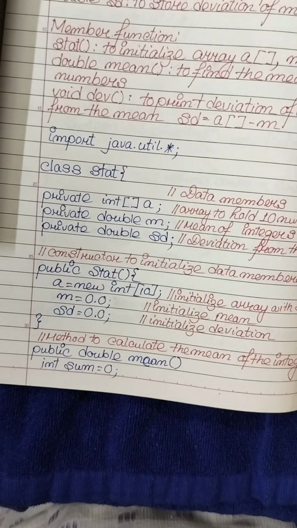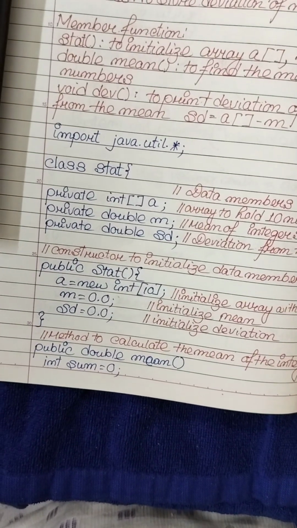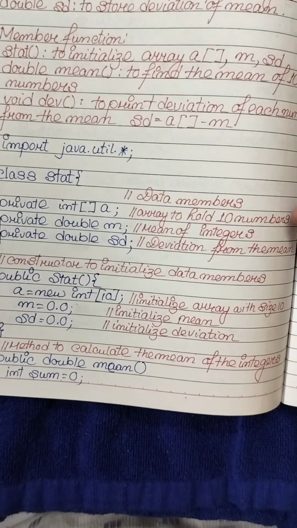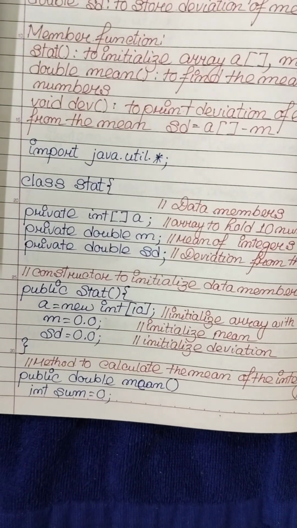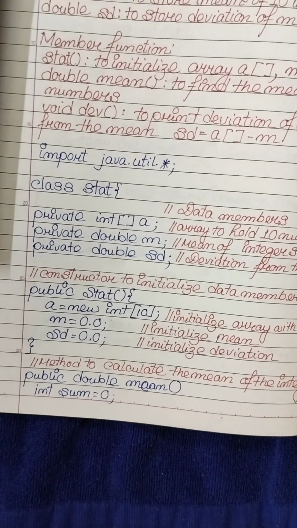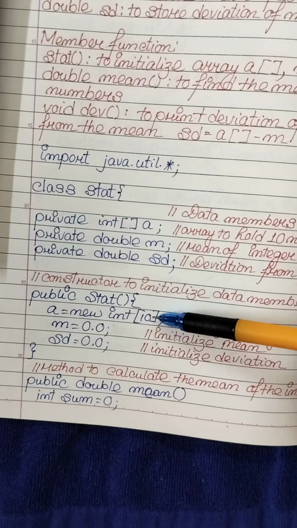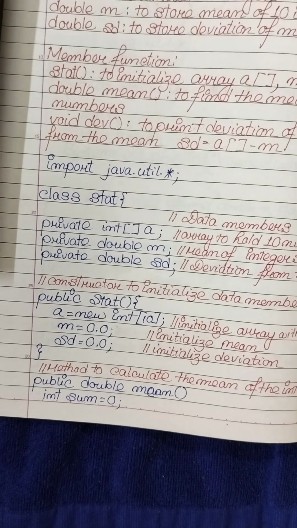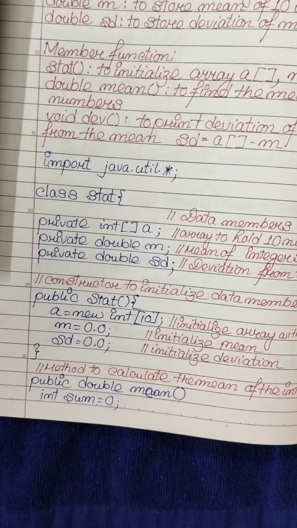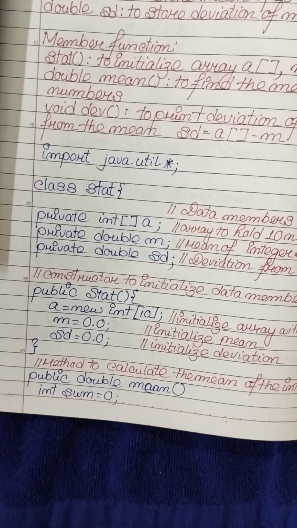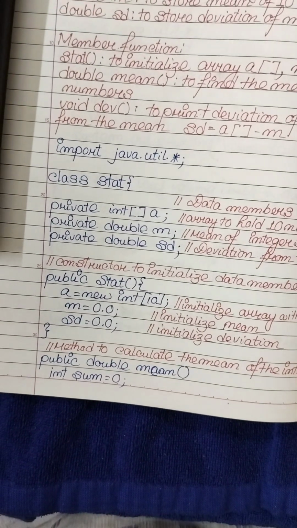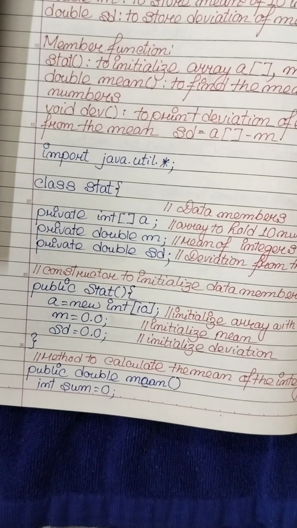Now we are initializing the array: a is equal to new int[10], that means we are going to initialize 10 integers. m is equal to 0.0 because we have declared m as double. Initialize the mean. sd is equal to 0.0, initializing the deviation, which is also a double variable.